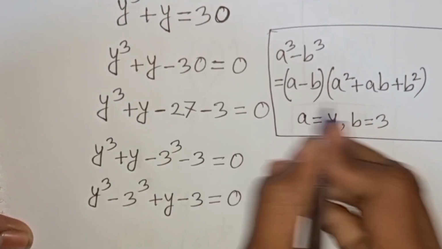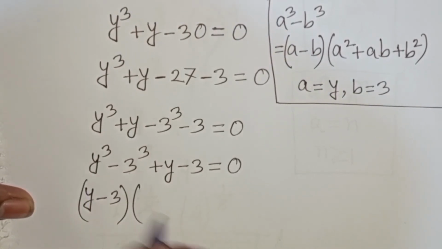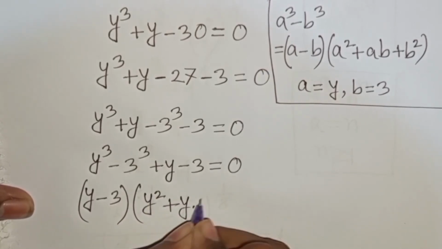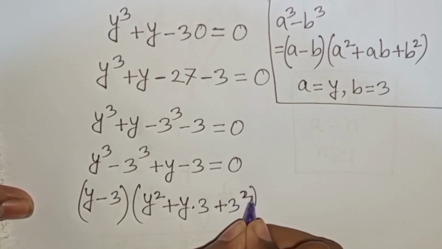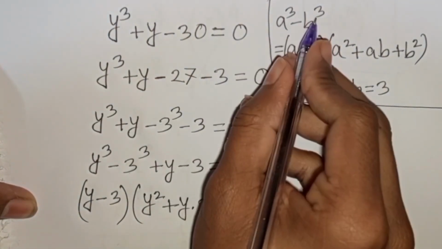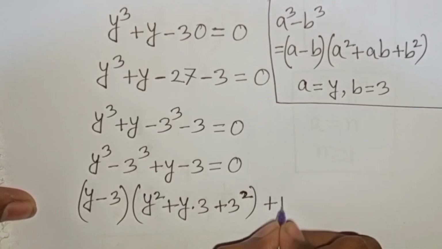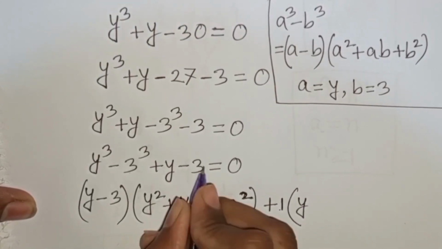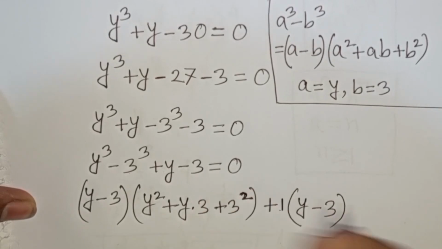So I can write (y minus 3) times (y square plus y times 3 plus 3 square). Then plus, here we take common, plus 1 is common, so plus 1 is out of the bracket, so this divided by this, that means it will be (y minus 3) divided by plus 1, that means it will be minus 3, then bracket close is equal to 0.